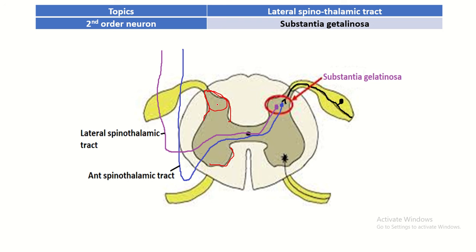It contains nerve cell bodies, a collection of nerve cell bodies, and to these nerve cell bodies, the central process of the pseudounipolar neuron of the dorsal root ganglia synapses. So this is the location of the second order neuron.